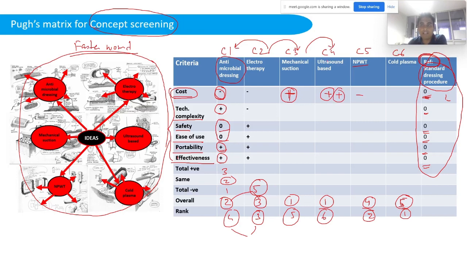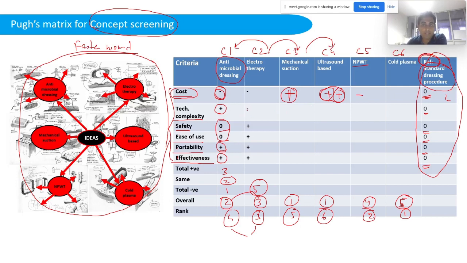In that case, there should be some way to figure out that the cost of the ultrasound device, that particular feature, is more positive. But we can't do that using the standard Pugh matrix.